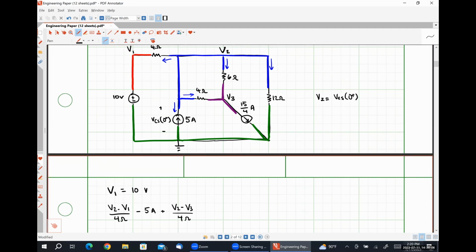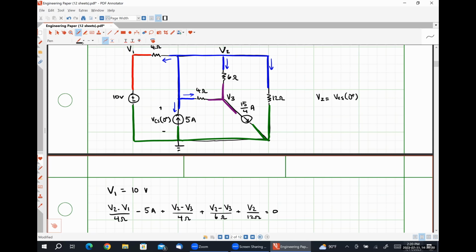The current flowing down through the 6 ohm resistor is going to be V2 minus V3 over 6 ohms. And then my current flowing down through my 12 ohm resistor is just going to be V2 divided by 12 ohms. Set this equal to 0.